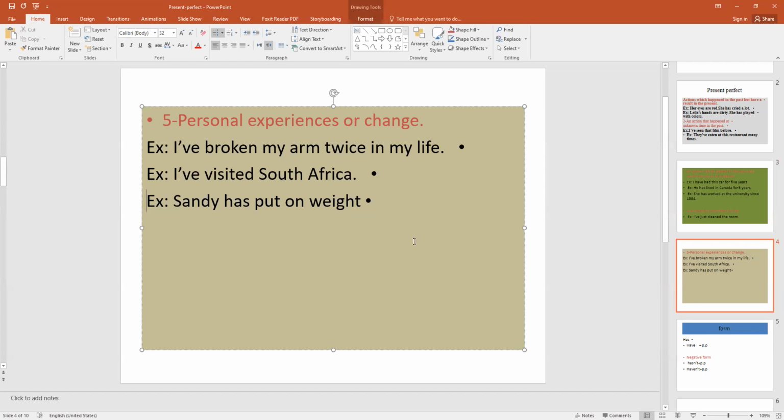She's not the same. So changes in appearance, I call it a change. It's not a personal experience. Sandy has put on weight. Sandy has colored her hair. So it's a change. It's not a personal experience. There is a huge difference between personal experience and a change. There's a huge difference between coloring your hair and visiting a new country.